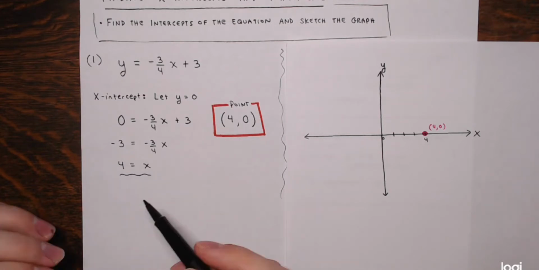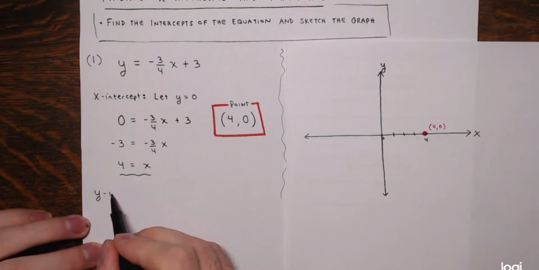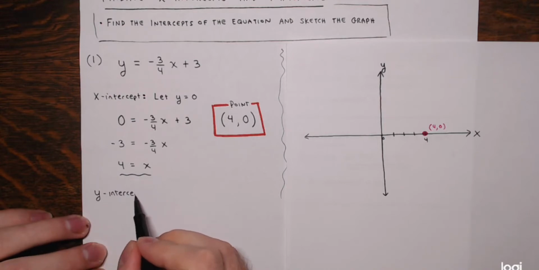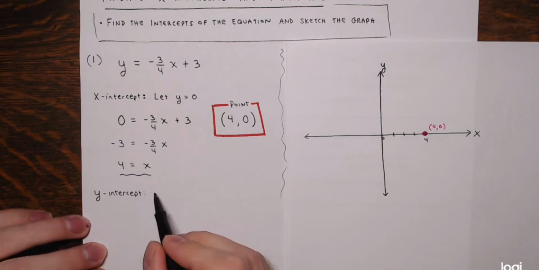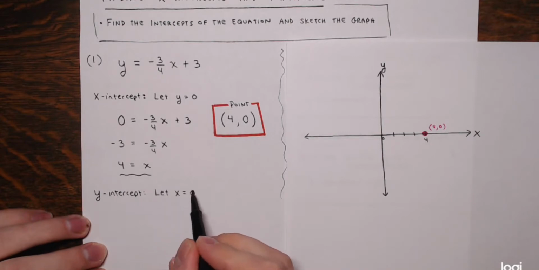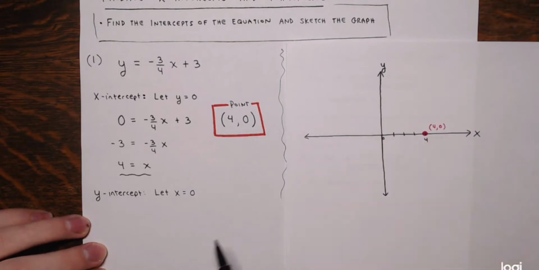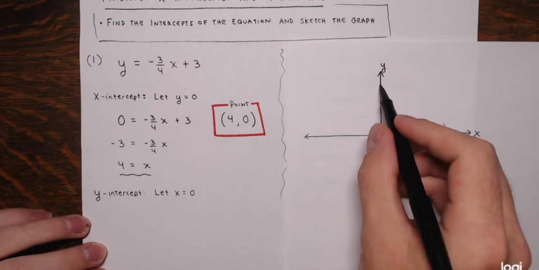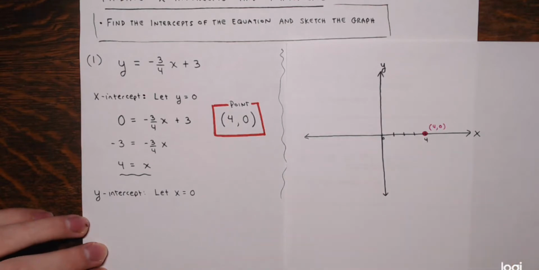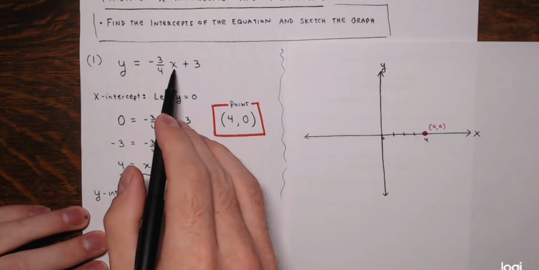All right, and then very similarly, for the y-intercept, you're going to replace x with 0. If you're on the y-axis, that means the x-coordinate is 0, you're in line with 0 on the x-axis. So I replace x with 0 in the equation and we solve for y.